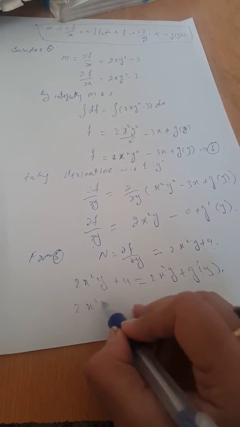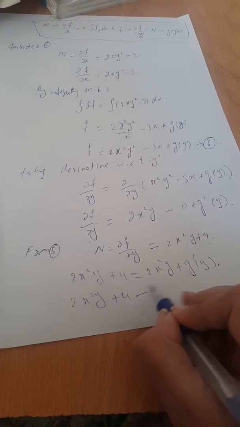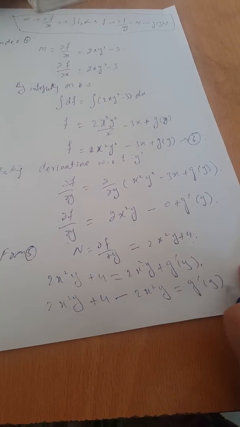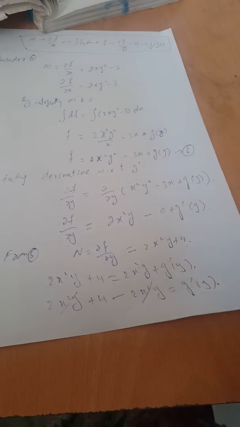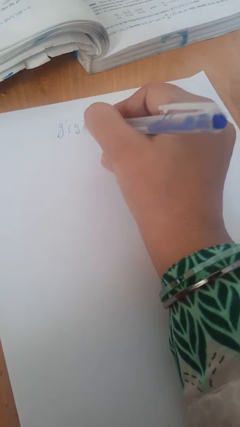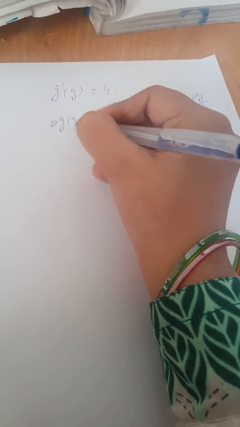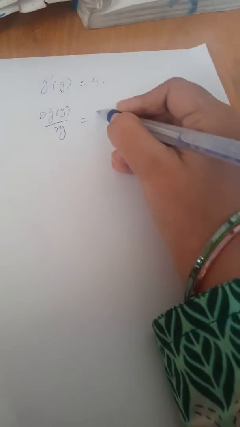Moving 2x square y to the left-hand side, minus 2x square y is equal to g dash of y. Here the terms cancel, and g dash of y is equal to only 4. So g dash, partial g of y over partial y, is equal to 4.